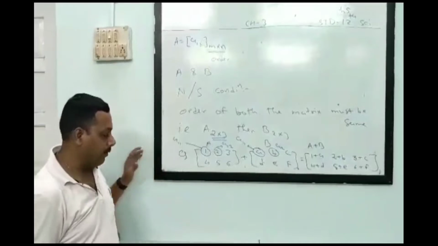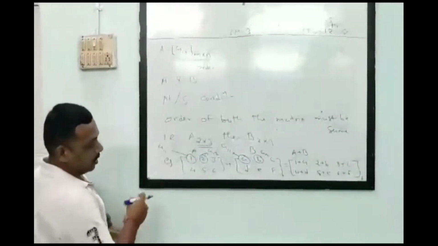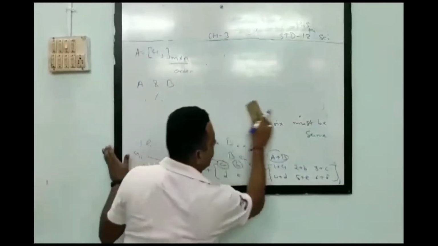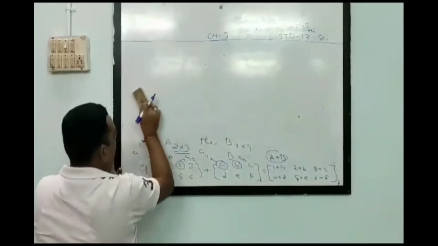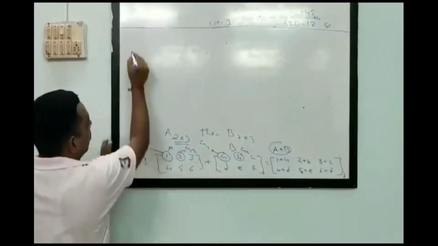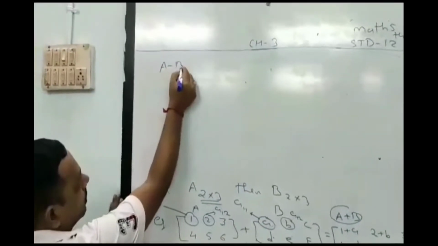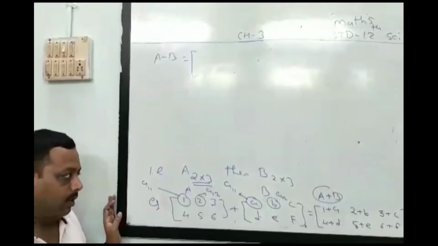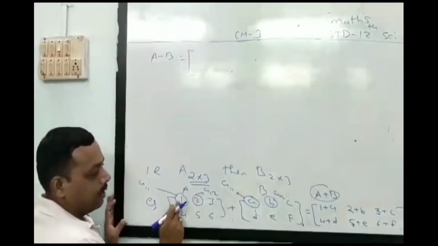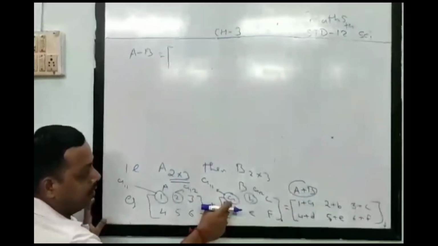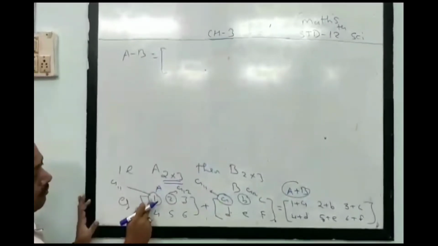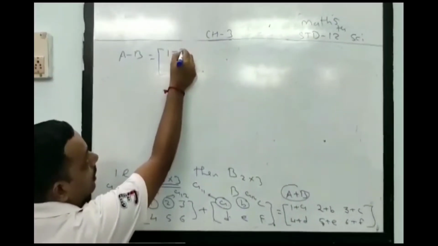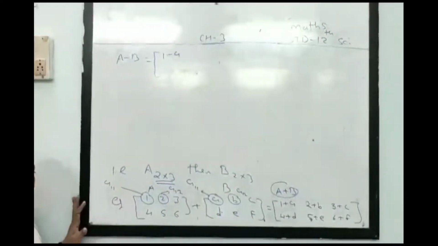Same way, if I change the question, instead of finding A plus B, if I ask for the answer of A minus B, then we also perform the same thing. We subtract the first entry from the first entry of the second matrix, that is 1 minus a. So the result of A minus B starts with 1 minus a.